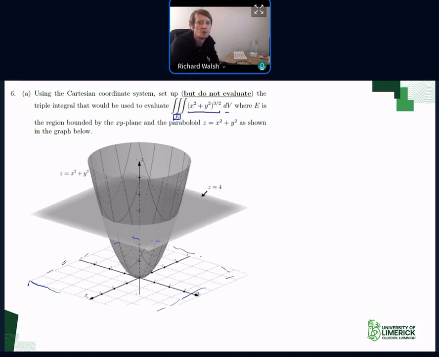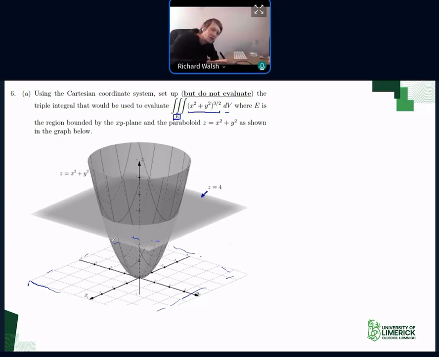So E is the region bounded by the xy plane, that flat surface with all the boxes in it, and the paraboloid. That's this cone-looking shape given. It's not a cone, but it looks like a cone, as shown in the graph below. So we know that it goes up as far as z equals 4. That is the square-looking plane, the gray square thing.